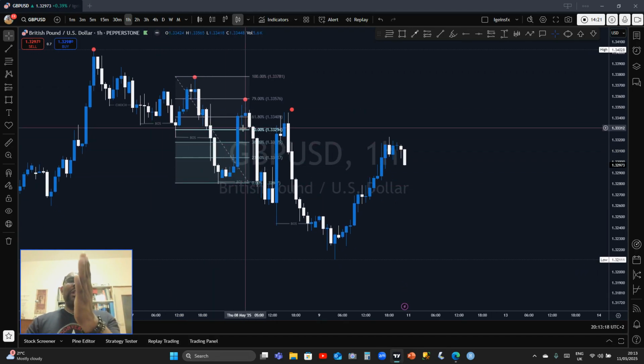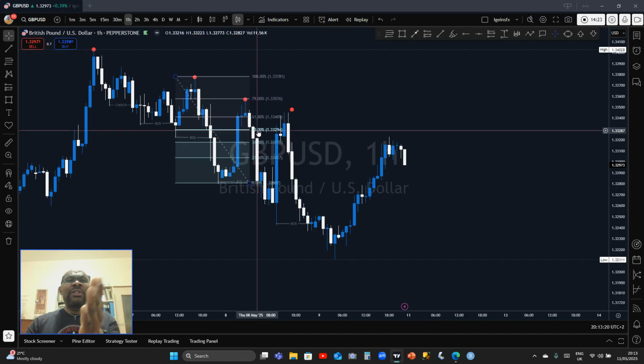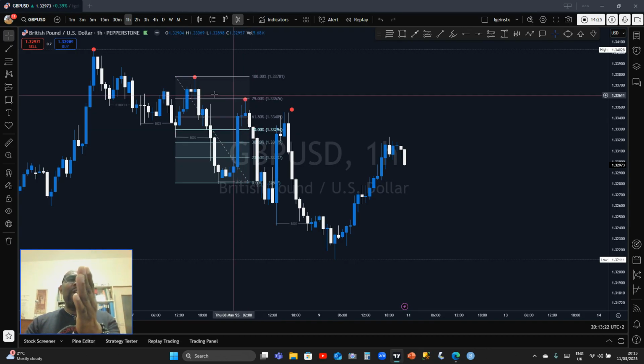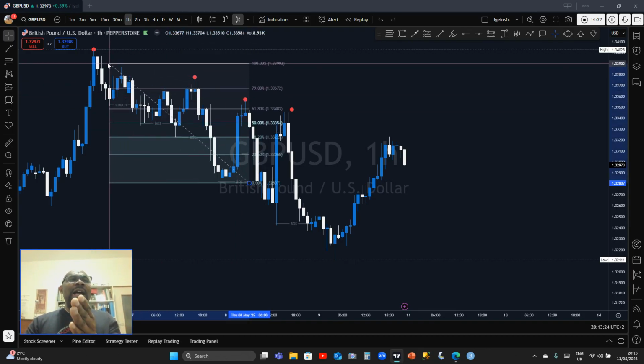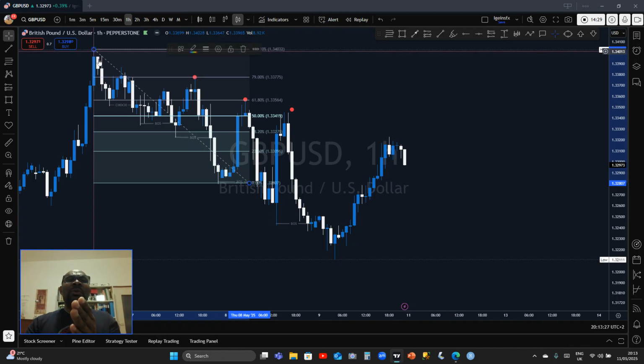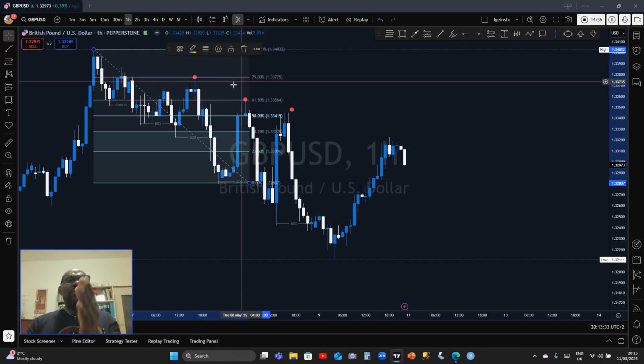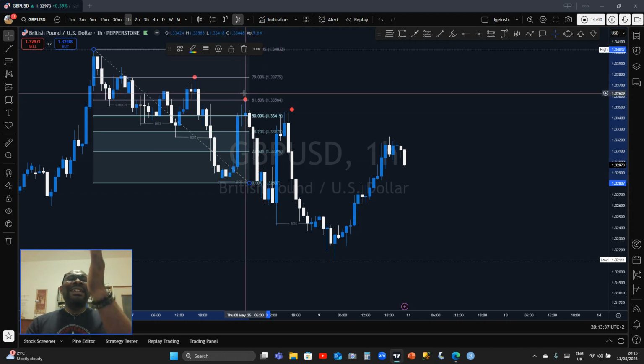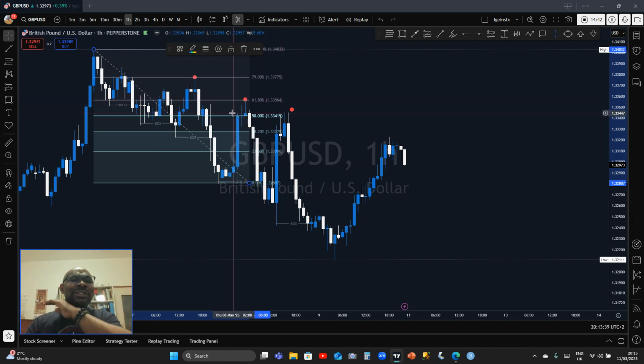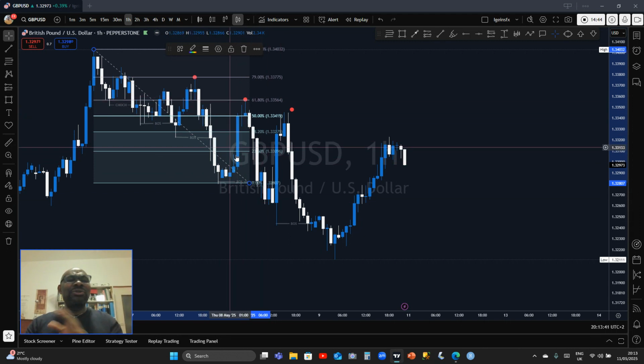Price pushed above this 50%, it got to 75%. Even if you take it and put it on this high, it is also 61%. It is right in your premium zone, where you need to short. Once you get here, take your position. Don't hesitate. That is how to trade.